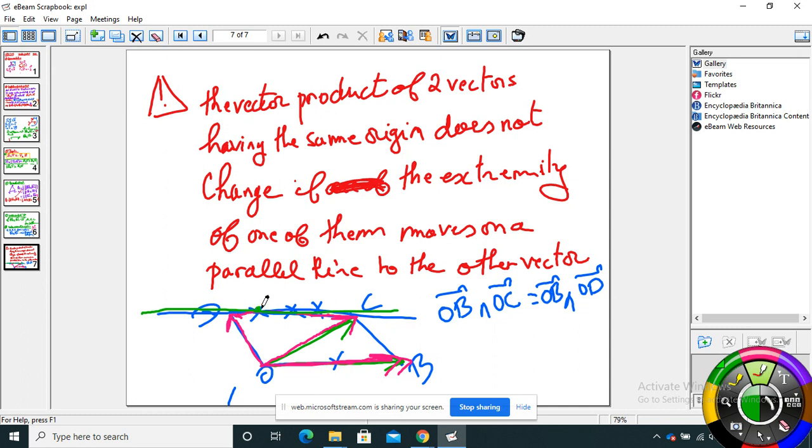I can put it here and call it OM, or here and call it ON. So D is moving on the line parallel to OB. It's the same vector product: OB vector OC is the same as OB vector OD, the same as OB vector OM, the same as OB vector ON. It's all the same because I'm moving C or D on a line parallel to OB.